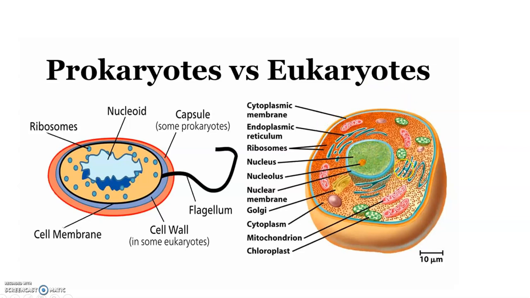So all these are the components, membrane bound organelles, and the clear intact nucleus, nucleolus, all these are present in eukaryotes. So we can see a clear demarcation here, a clear difference between prokaryotic and eukaryotic. We can clearly identify this complex structure, and this one is the simplest structure.